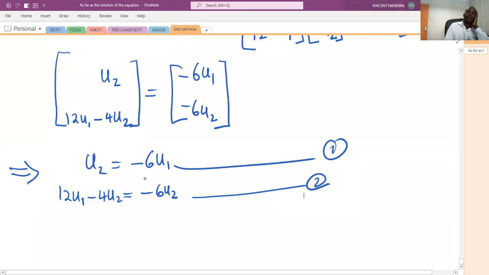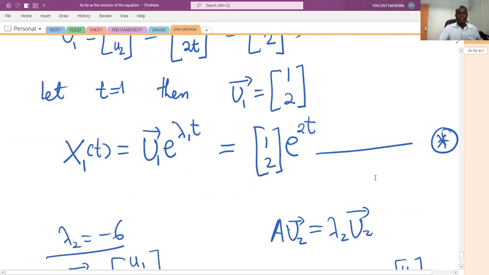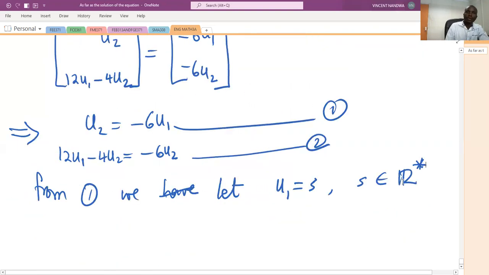So from 1, we let U1 be s, where s is a non-zero scalar. By doing that, U2 will be minus 6s.